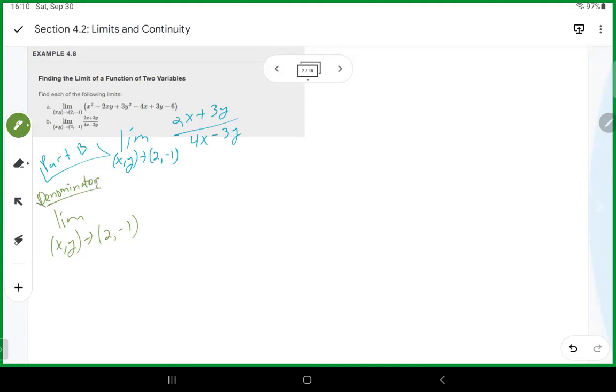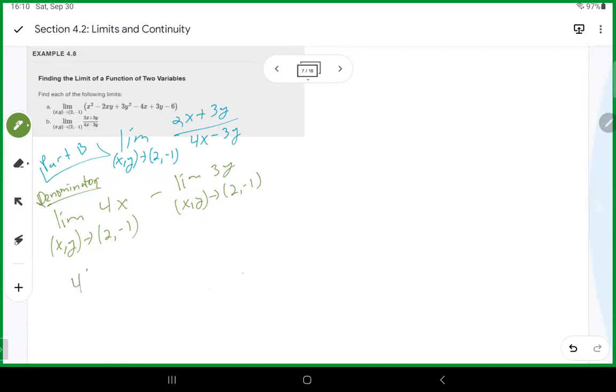Otherwise, there wouldn't be a need to do the top. So 4x minus the limit 3y, and then we can pull that apart.